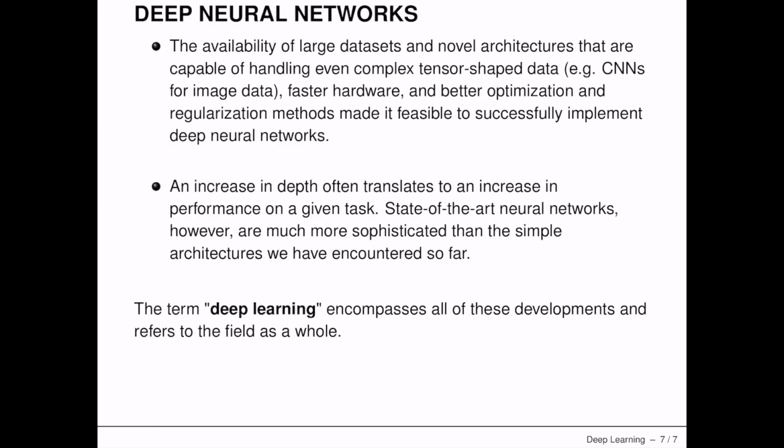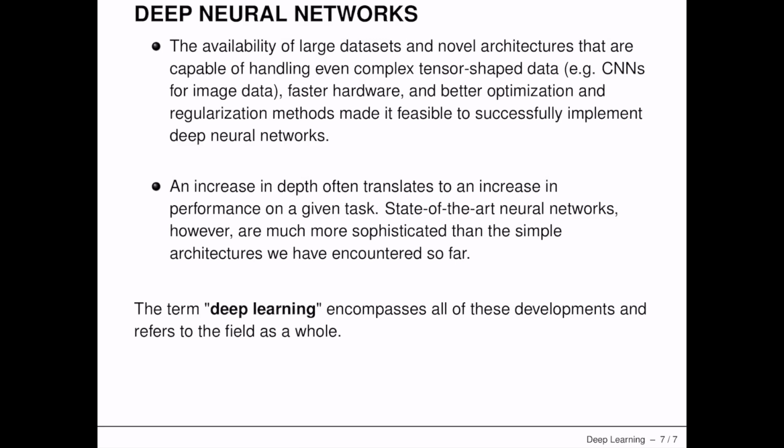Now we usually have very huge data sets, and we have novel architectures that are specifically designed for different data types. This, together with the faster hardware and better optimization and regularization techniques, makes it feasible to successfully implement and train very, very deep neural networks. Often the increase in depth also translates into an increase in performance, as we can see in several application areas.